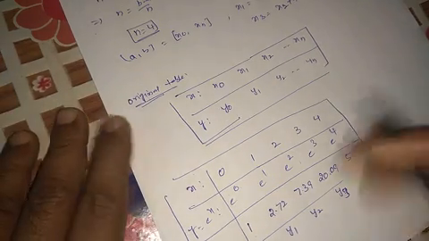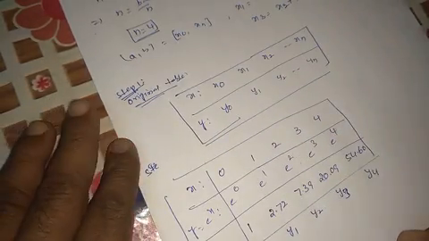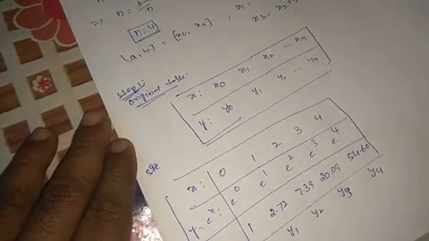Okay, this is step 1. What is step 1? Step 1 is we create a table. And next we apply Simpson's rule.